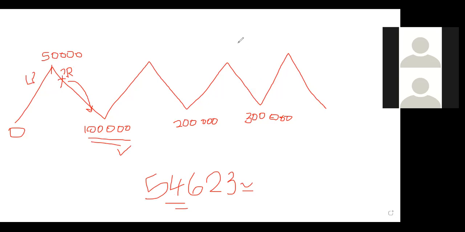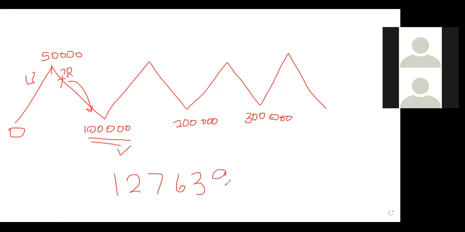Yes. Okay. So let's do more questions here. Now I have a number. My number is 127,639. Where will I go? Actually, whatever the balance here doesn't matter because I want to round off to the 100,000, right?